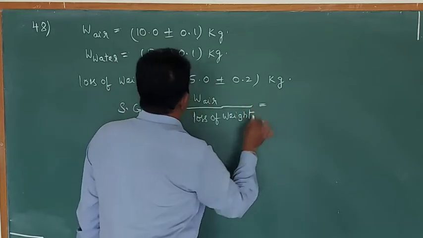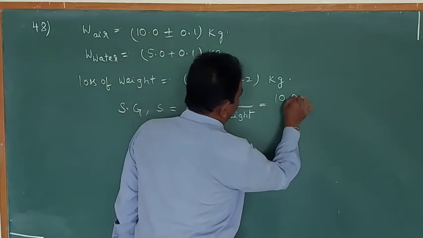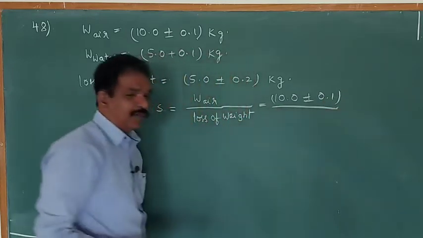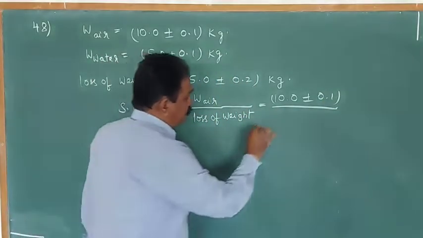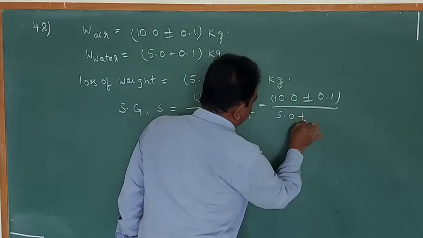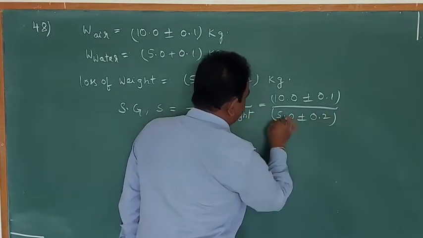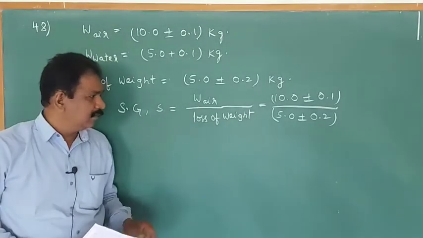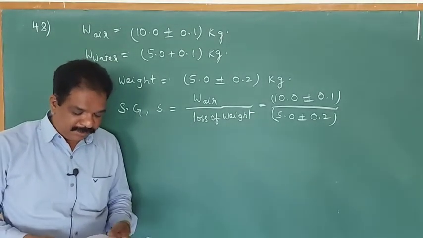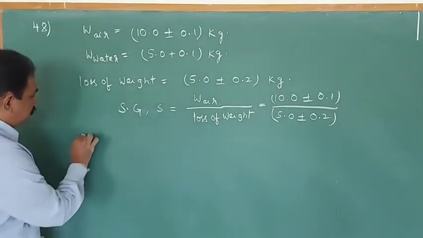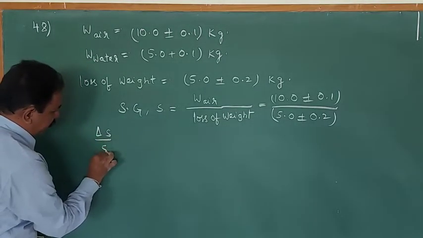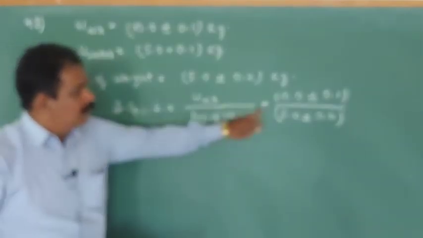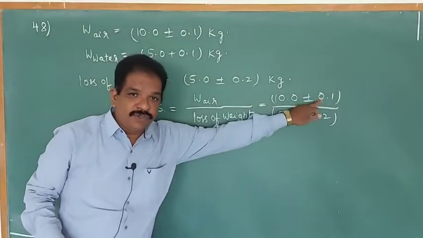So weight in air will be 10.0 plus or minus 0.1, by loss of weight, which will be 5.0 plus or minus 0.2. Clear? Simple only. Then to calculate the percentage error, delta S by S into 100 is equal to, what is the error in this? 0.1.